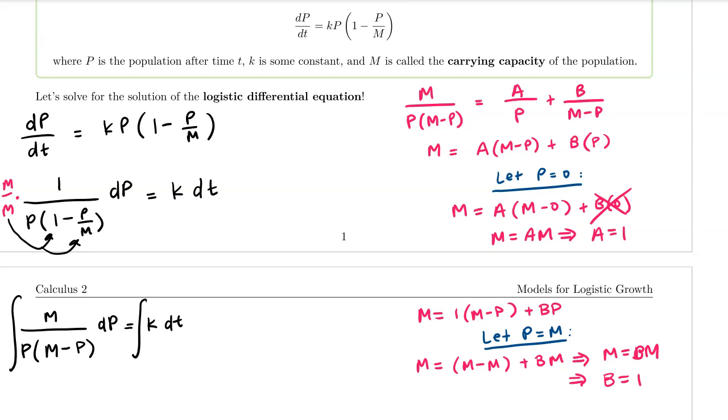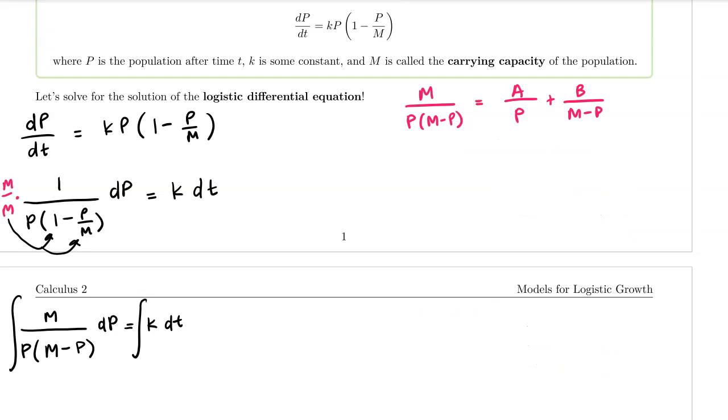So I'm going to go ahead and clean up my screen a little bit. Okay, so through our calculations, we found that A and B were both 1.